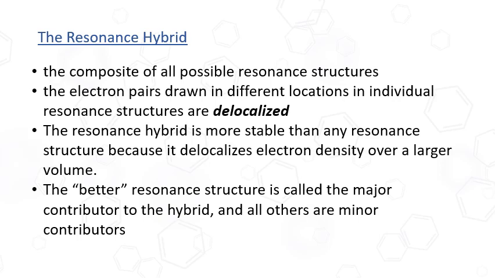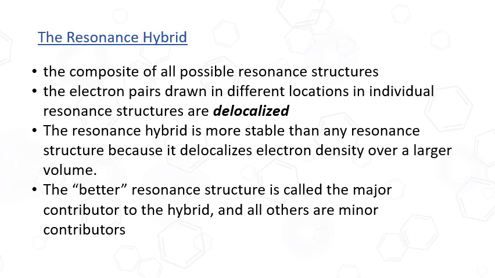They are actually composites, and you call them resonance hybrids. The electron pairs drawn in different locations in individual resonance structures are delocalized. What that means is, again, every resonance form is not a standalone structure, and the real structure is in between the resonance forms that you have.